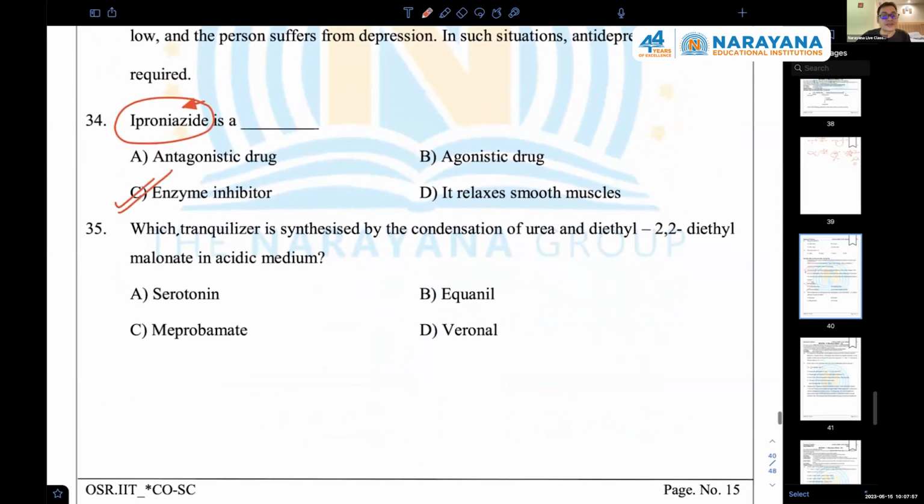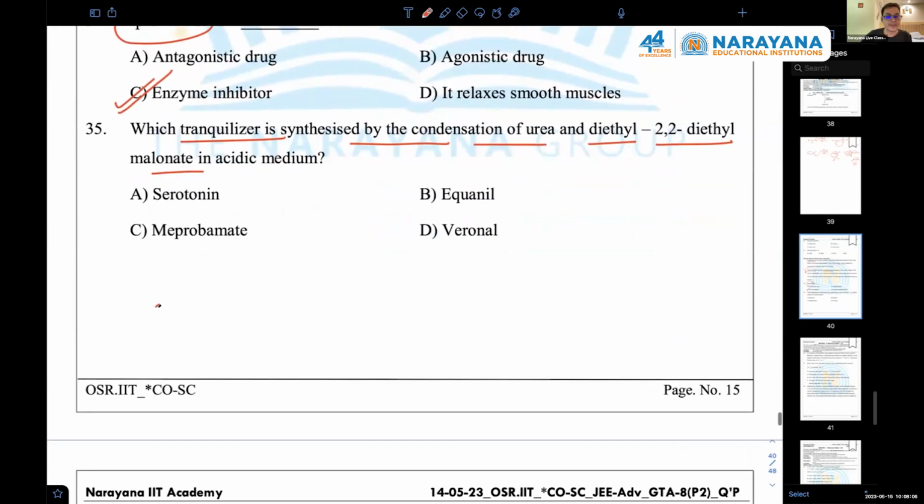And which tranquilizer is synthesized by condensation of urea and diethyl 2,2-diethyl malonate? Diethyl means both acids become esters, and 2,2-diethyl. Now they are using urea, which is very simple here.